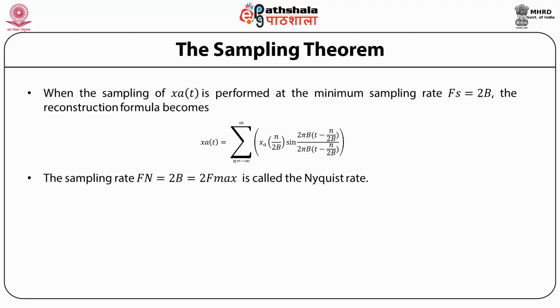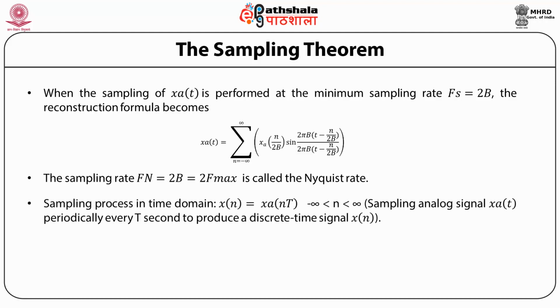So let us now study the sampling process in time domain. x(n) equal to x_a(nT), where n varies from minus infinity to infinity. So we sample the analog signal x_a(t) periodically every T seconds to produce a discrete time signal x(n).